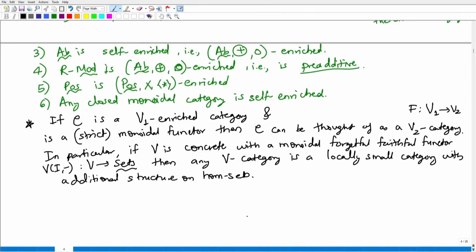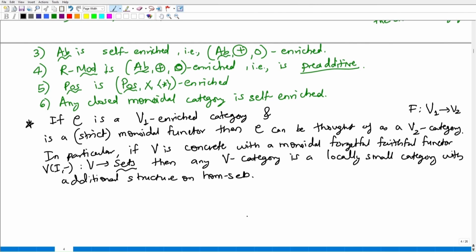So how is V(I, -) the forgetful functor? Yes, in that case it can be thought of as the set of this. V is a category, the forgetful functor is representable. Isn't that mostly true?